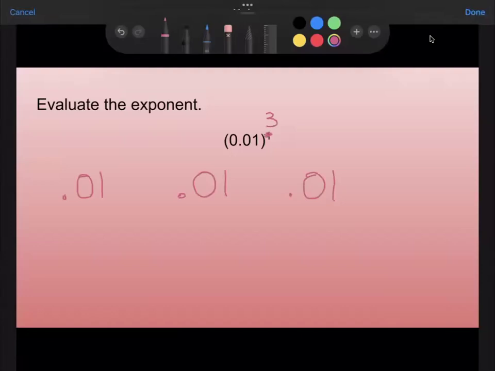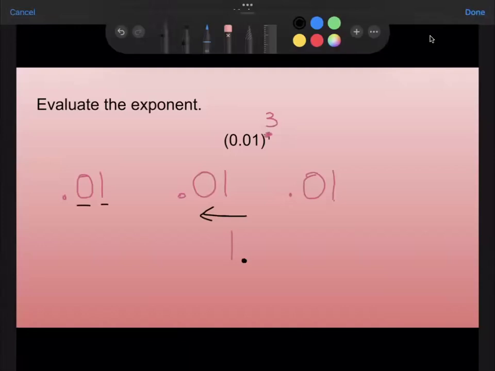Just like we did earlier in the video, it's important to write this out as a multiplication expression so you can see how many places you'll need to move the decimal. I can multiply those numbers that are not zeros, 1 times 1 times 1, and I would just end up getting 1. I'm going to put that there and put the decimal right after it. Now I need to move that decimal to the left the same number of spaces as there were decimal places in this problem.